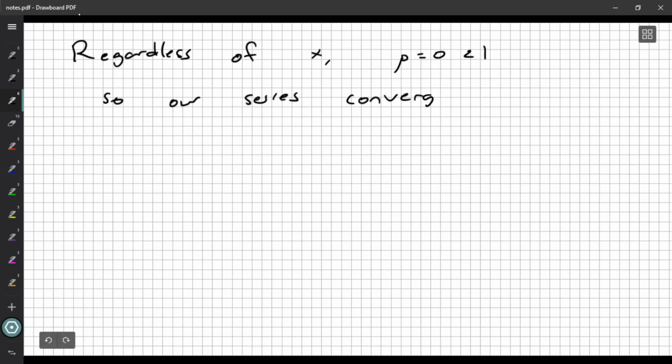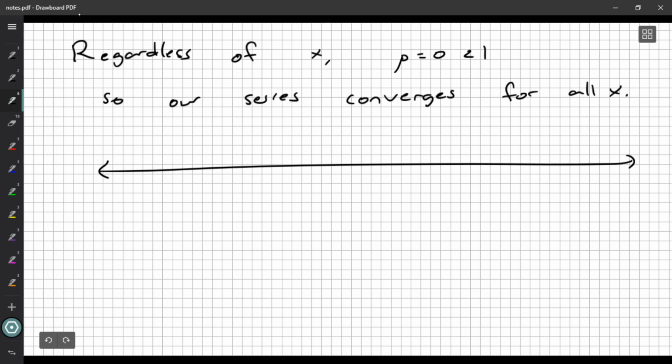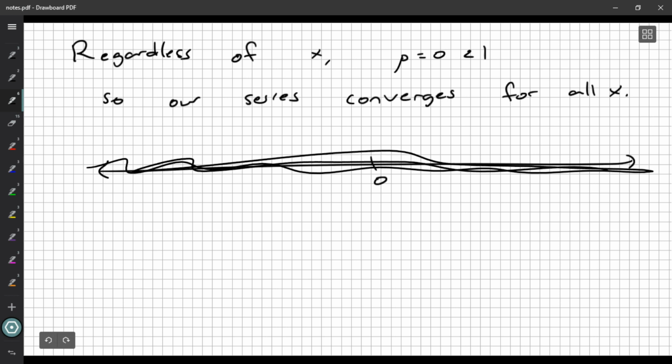So our series converges for all x. If we were to imagine a number line centered at 0, because that's the center of our power series, we get convergence everywhere. So the interval is going to be negative infinity to infinity, or you can just say all real numbers.